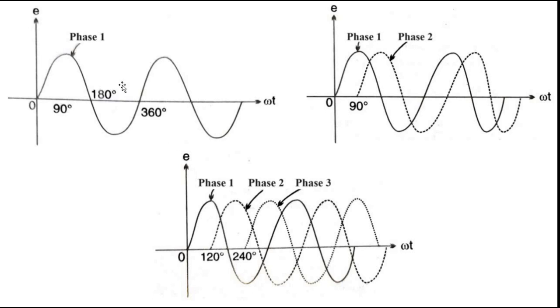So this is the waveform, this is phase 1, this is for the two-phase system, 0 degree and 90 degree phase difference, and this is the three-phase system, single phase, two-phase and three-phase. This three-phase system is most commonly used in AC power systems.